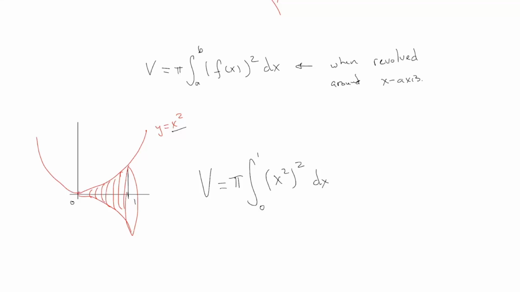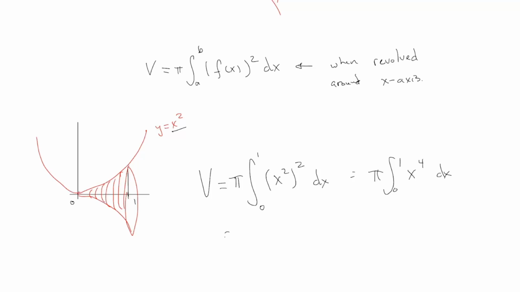As usual, I like to simplify inside the integral as much as possible before actually doing it. Anybody recall, how do you do this squared? What does that come out to be? Square inside a square? Yeah, x to the 4. In this case, you should be multiplying those two exponents, and so this is 2 times 2, which is 4.